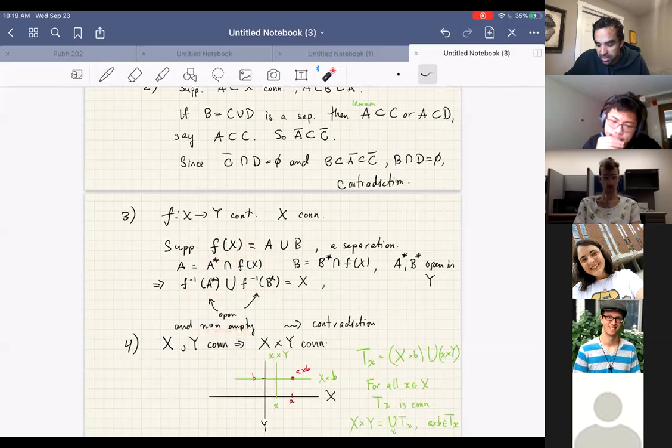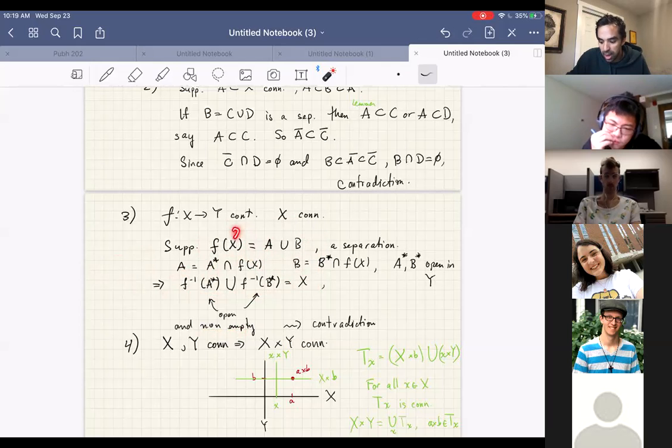So these A stars are like A together with more. A is contained in A star. So if I take the inverse image of A star and the inverse image of B star, I have the inverse image of this union.